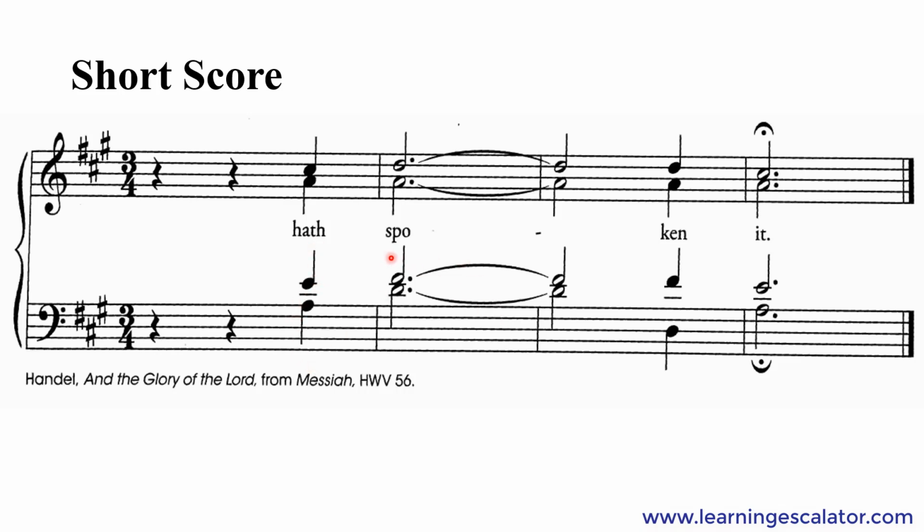So if it was a string quartet, then the stems going up in treble clef would be violin 1, the stems going down in treble clef would be violin 2, the stems going up in bass clef would be viola, and then the stems going down in bass clef is cello.